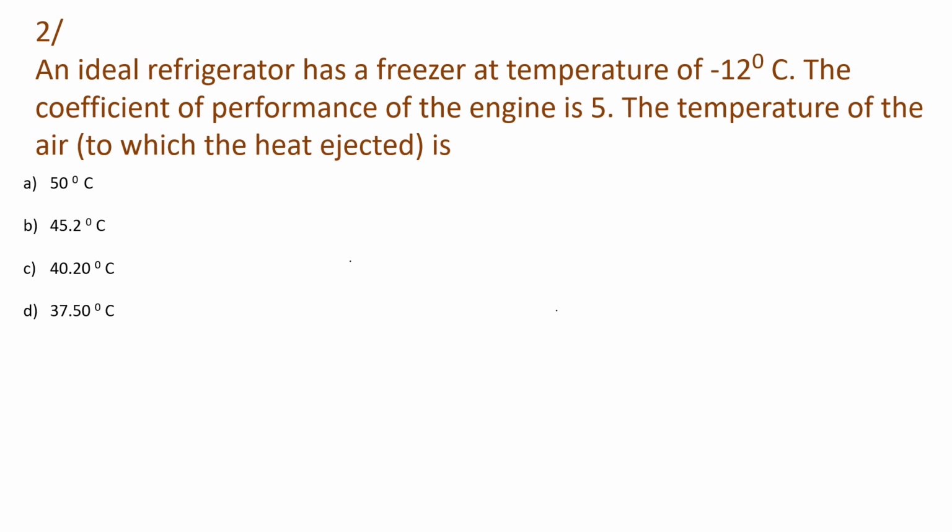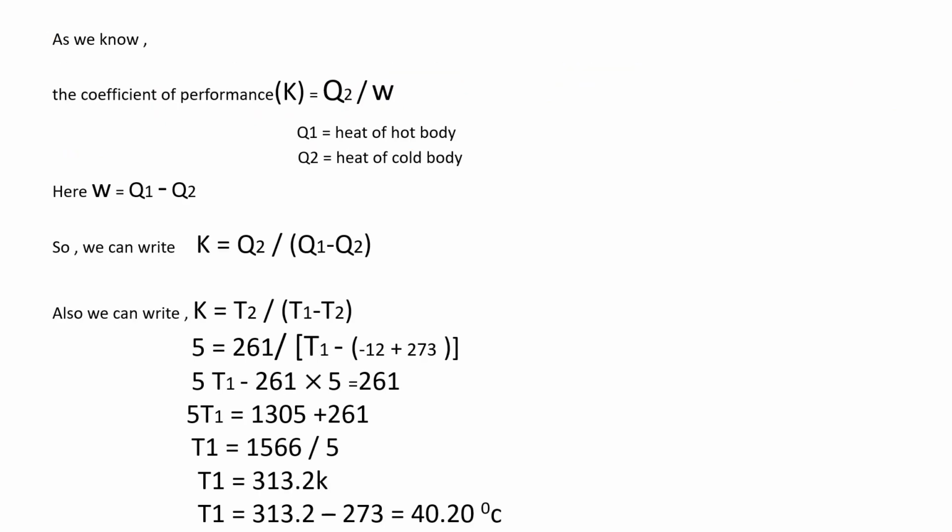So let's jump to the solution. But one thing to remember: don't forget to convert Celsius to Kelvin. The coefficient of performance K is equal to Q2 by W, and we know that work done is equal to Q1 minus Q2. Here Q1 is the heat of the hot body and Q2 is the heat of the cold body.